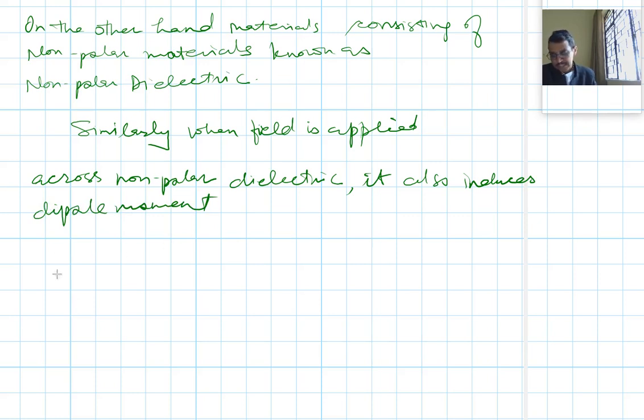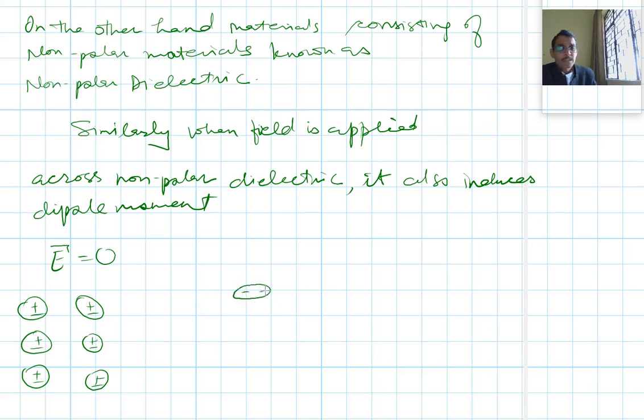Let us try to understand what will happen. When the electric field is zero, every molecule is a non-polar molecule. But when a field is applied, the positive and negative charges of each molecule get shifted, and along with it they also align in a particular direction, right?